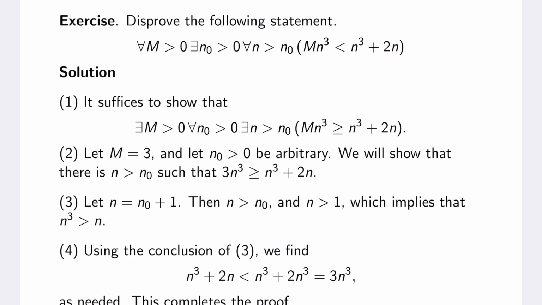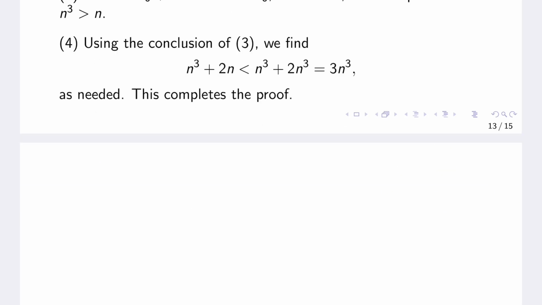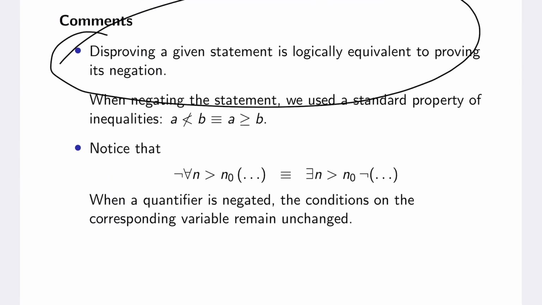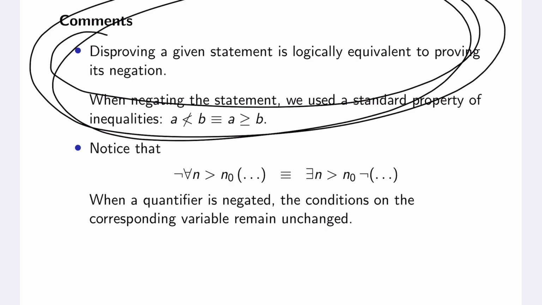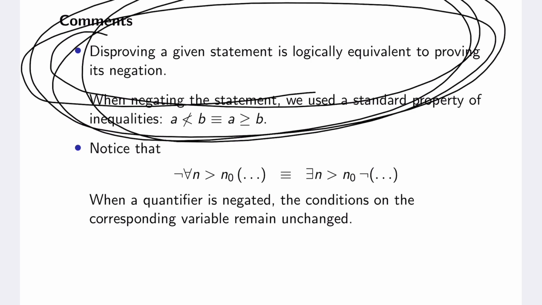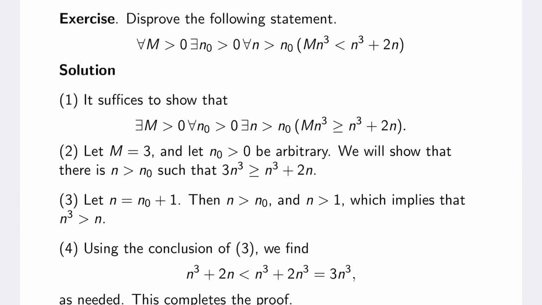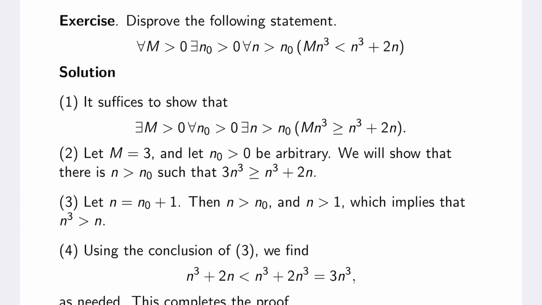But wanted to use the last little bit of time to talk about disproofs. Disproving a given statement is logically equivalent to proving its negation. We already talked about negations a little bit in an earlier lecture.